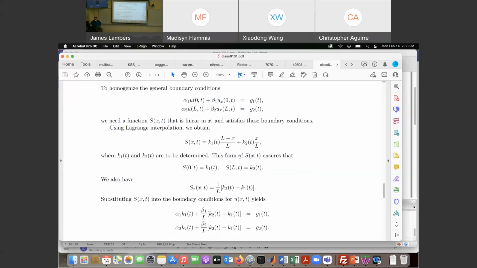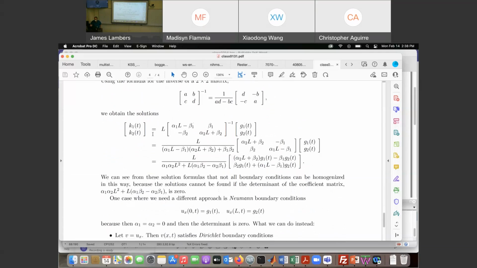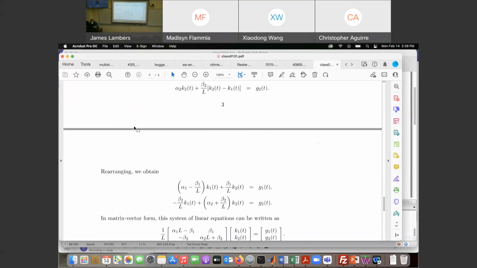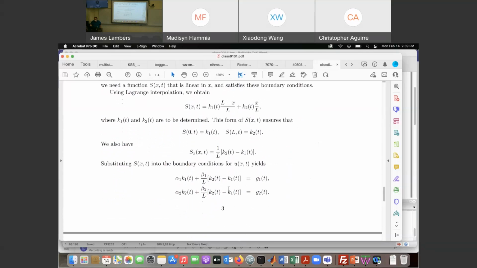So what you can always do is follow this, which really brings you here, where you have a formula that's been worked out that will give you the functions k1 and k2 that you can substitute in here, and that's your boundary function. Even though here I started with this and worked everything out from scratch just to show you how it can be worked out, you're looking for a function of this form.